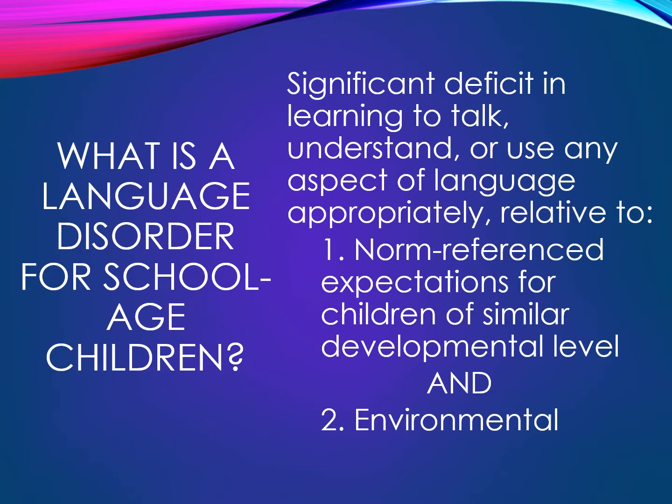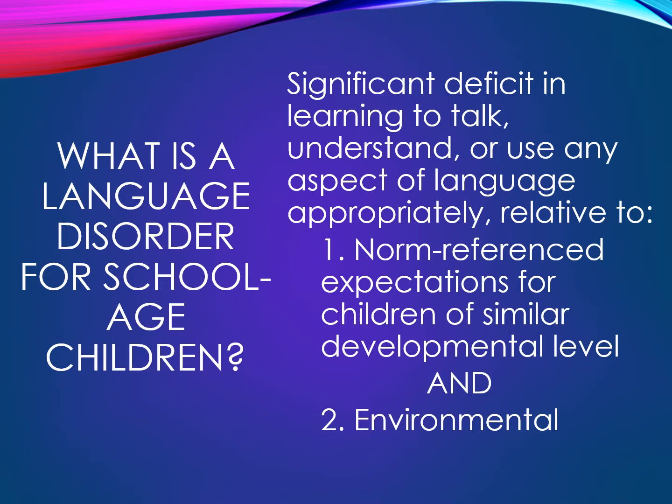So here's a more formal definition of a language disorder in school-age children. It is a deficit in learning to talk, understand, or use any aspect of language appropriately relative to, number 1, norm reference expectations for children of a similar developmental level, and second, the environment.